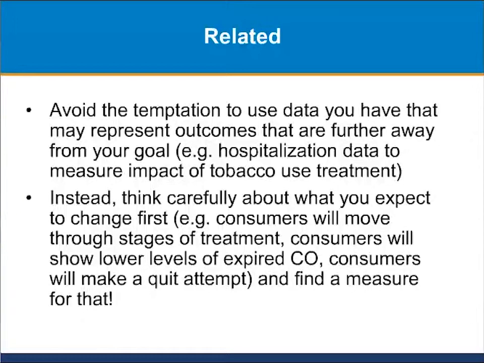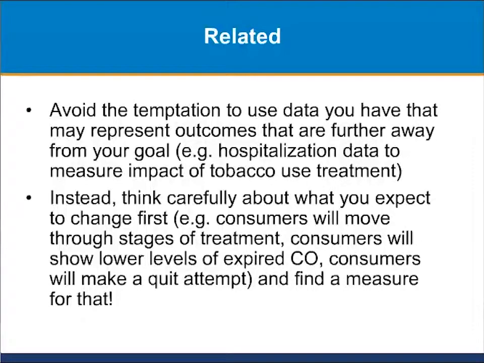However, that's so far down the line from the changes you're likely to be trying to make right now that you may not really see any impact in hospitalizations for 6 months, a year, even longer after you're trying to implement a change. So it's very tempting to use data because it's doable, like we talked about before, but you'll want to really think carefully about what you expect to change first.